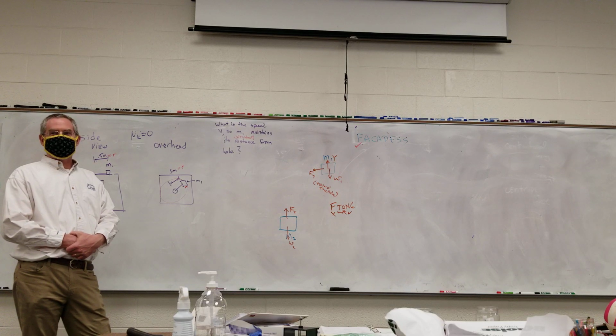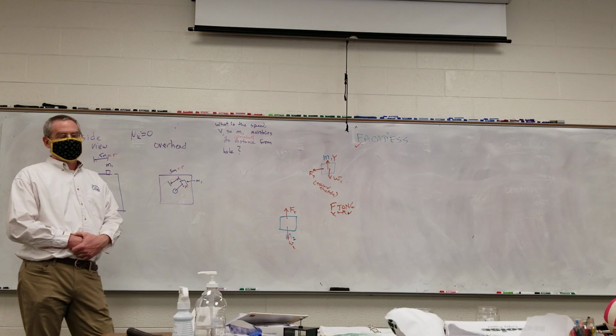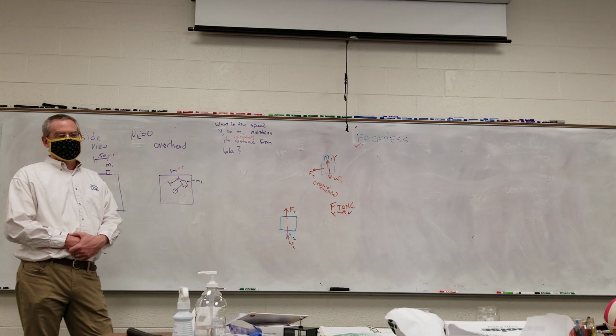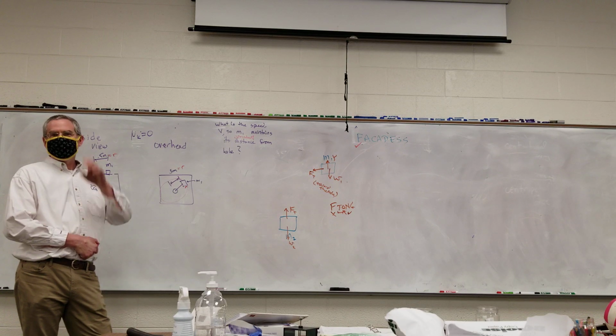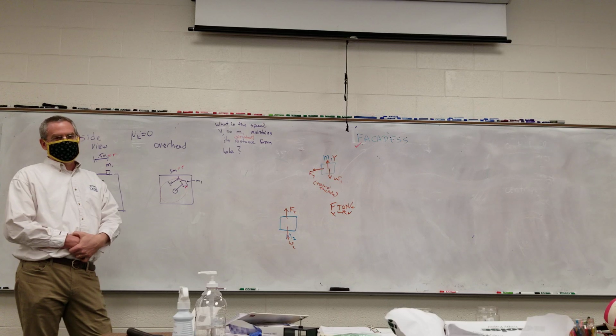Is it traveling in a circle? Yes. What's the direction of acceleration for something traveling in a circle at a constant speed? There's no acceleration. Oh, no, there is. Constant speed. You said constant speed, right? I did say constant speed. Going out of the circle?